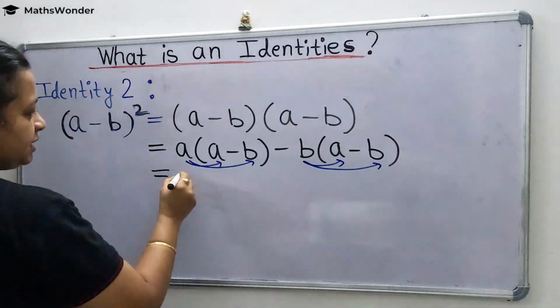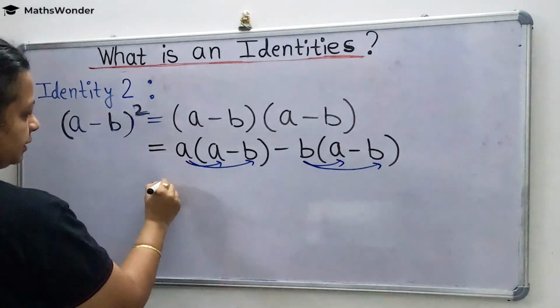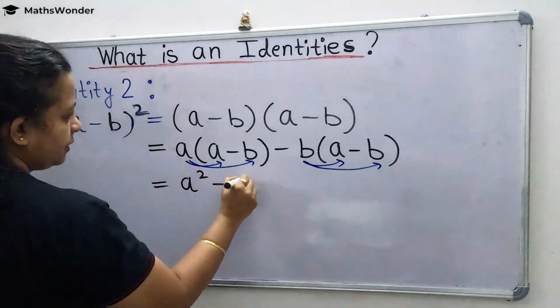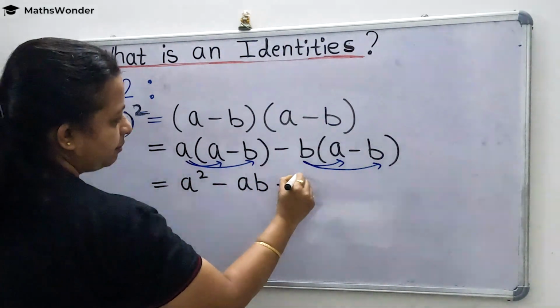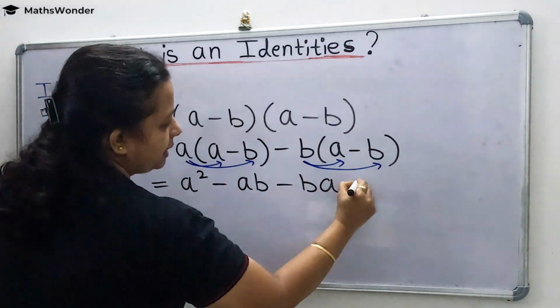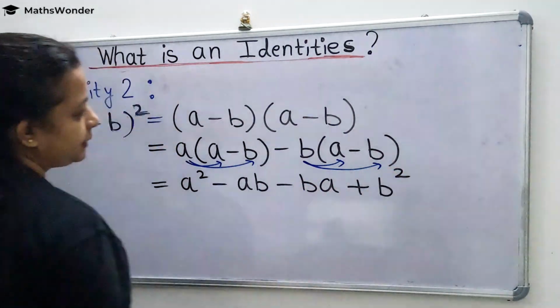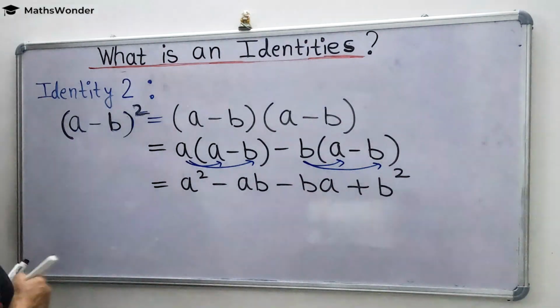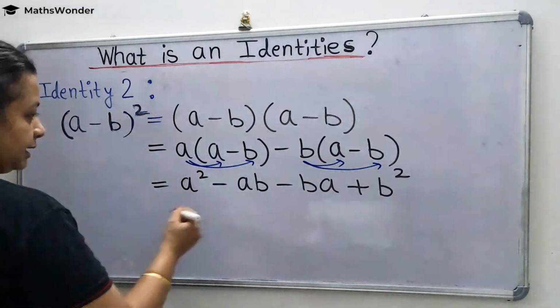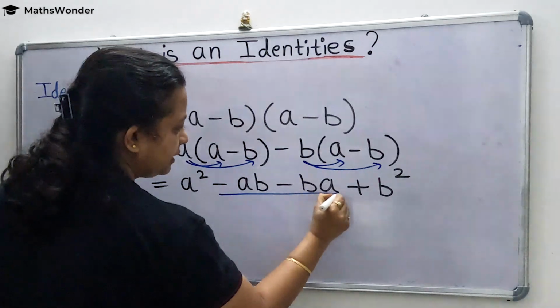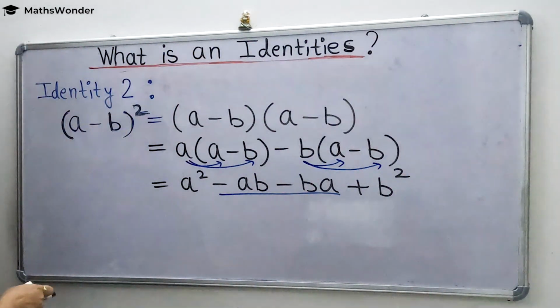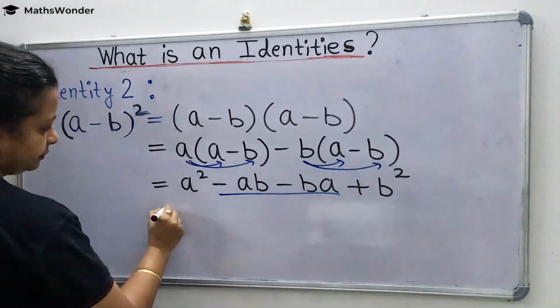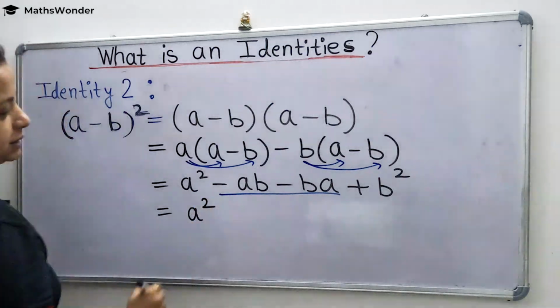So a times a will be a square minus ab minus ba plus b square. Now again, ab and ba will be 2ab. Is it positive or negative?